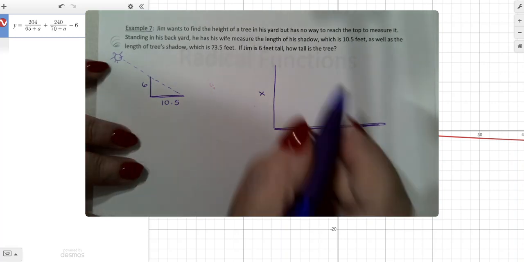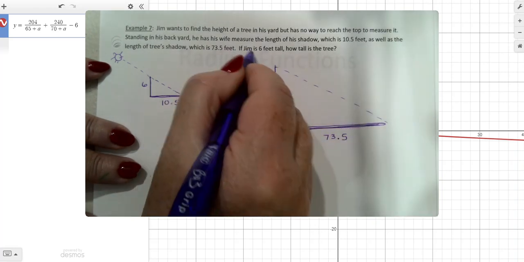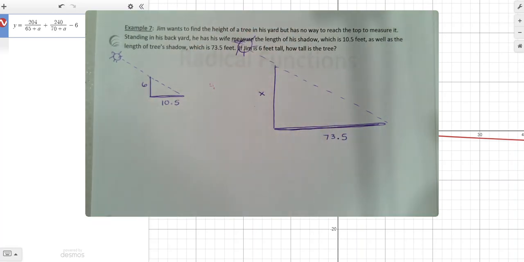And again, what caused that shadow was, we got the sun up here somewhere, right? The tree blocked that part of the sun, allowing the shadow to form. All right. How do we know these are similar triangles so that we can actually set up the proportion and solve for x?